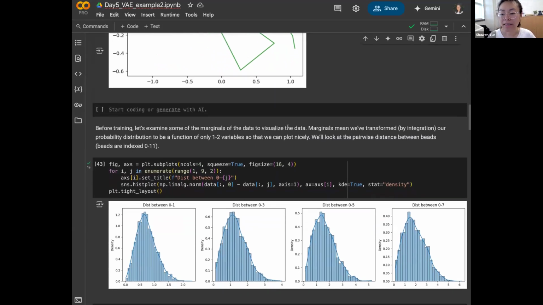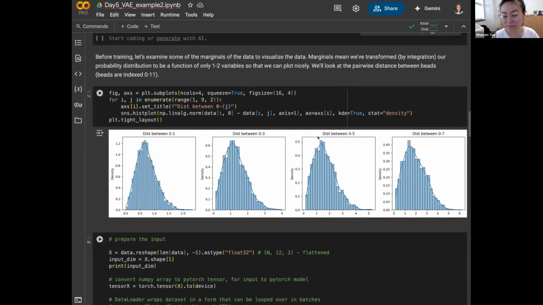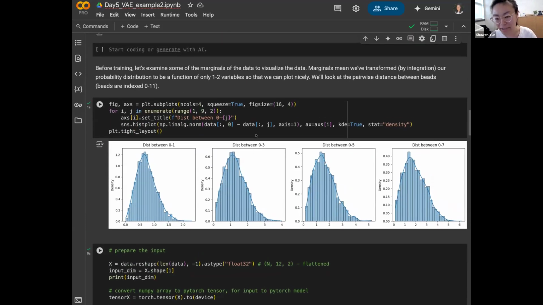Then, okay, now we can take a look at a more analytical way of assessing this random trajectory or random bead locations. If we were to collectively count the pairwise distances between beads, numbering your beads 0 to 11 since it's indexed at 0, then you can find the pairwise distances between the first bead and X number of beads.